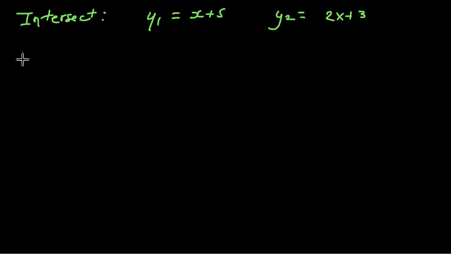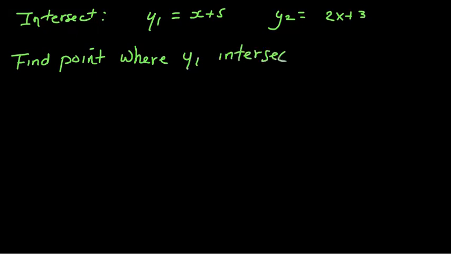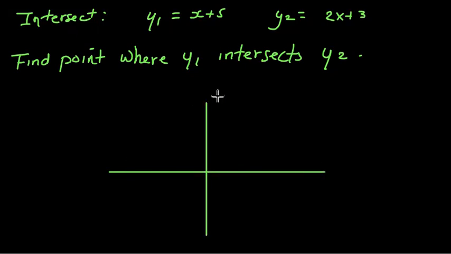And that could be asked in many ways, right? I'll go with this one first. Find the point where y1 intersects y2. All right. So again, let's just view this for concept. So we have our axes, right?